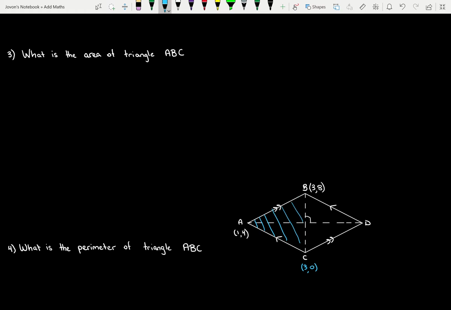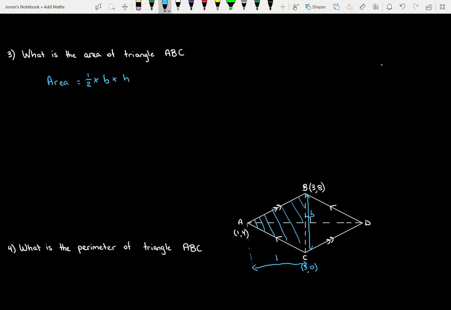How do we find the area? Area of a triangle is equal to half multiplied by breadth multiplied by height. So this here would be the breadth, and this here would be the height.